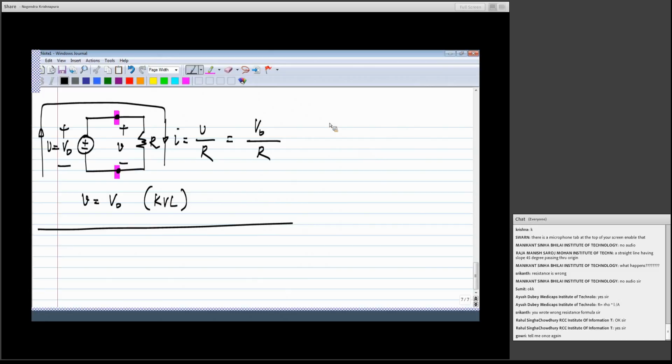Now, whether you apply a voltage or apply a current, the resistor behaves in the same way. You can think of it as the current generated by an applied voltage or a voltage generated by an applied current. So I could also do this.